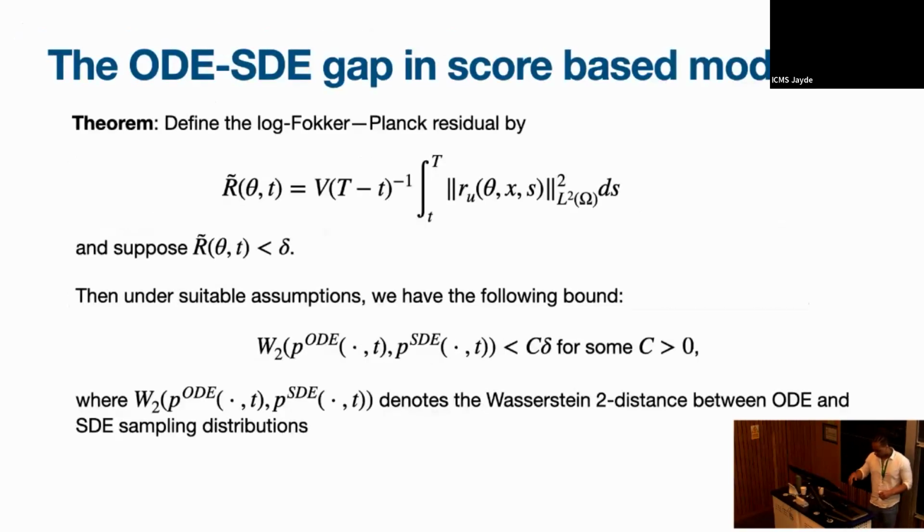Okay, so the first one, without all of the assumptions, is essentially: if we define the log Fokker-Planck residual by the L2 norm of the residual that I showed before, integrated from some time t to the final time horizon, then this residual being small implies that the Wasserstein-2 distance between the ODE and SDE distributions is also small.